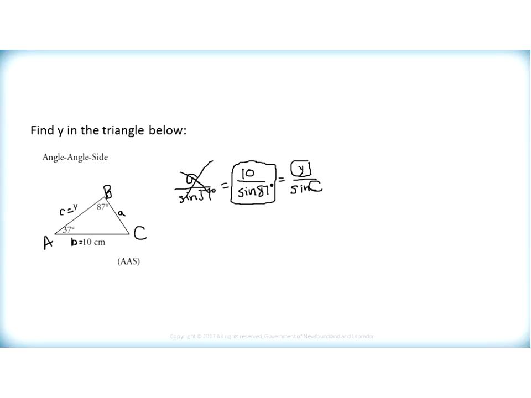And again, the angles in a triangle still add up to 180 degrees. So we take 180, so c is equal to 180 minus 37 degrees minus 87 degrees.